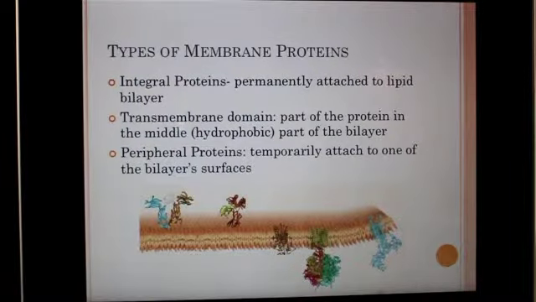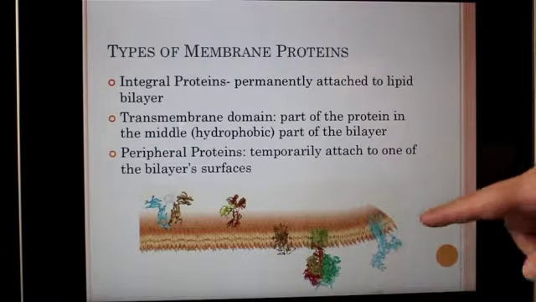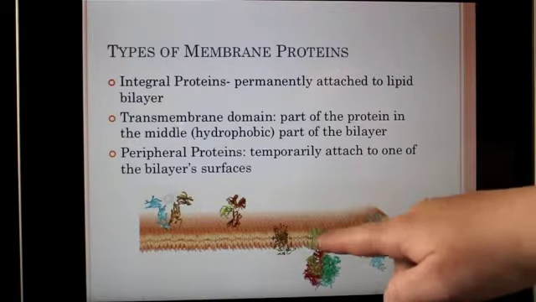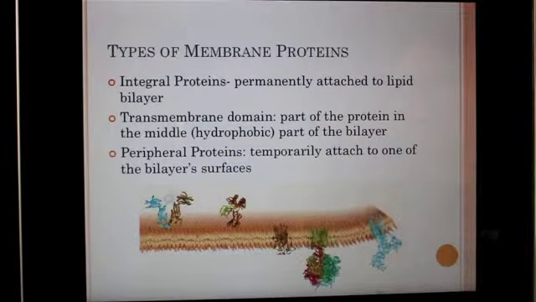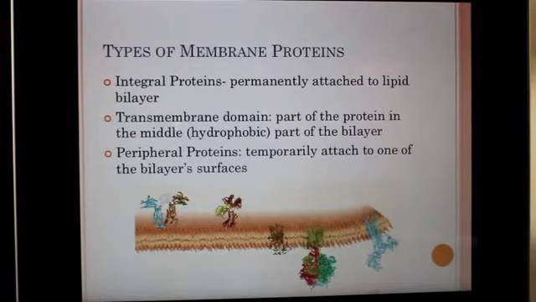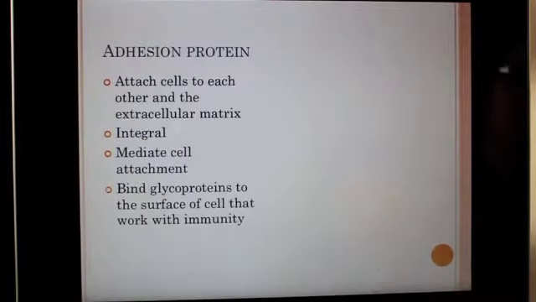We also refer to a part of the protein that's anchored inside the cell membrane as the transmembrane domain. This is a part of the protein that's hydrophobic, and it's in the hydrophobic part of the bilayer. Peripheral proteins are temporary things. These attach to one of the bilayer's surfaces.